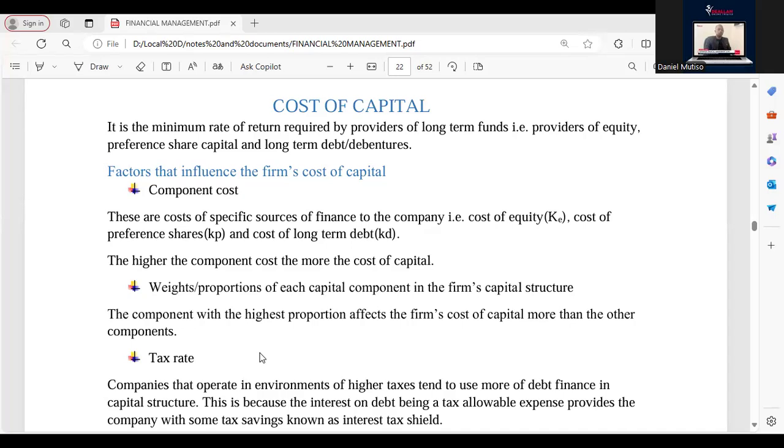Now, the cost of capital is based on the minimum required rate of return by the providers of long-term funds. Think of the organizations you work for, where you do work and maintain books.